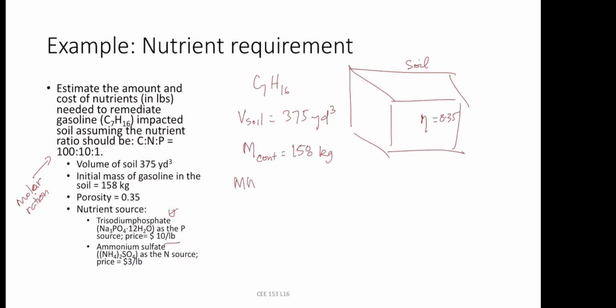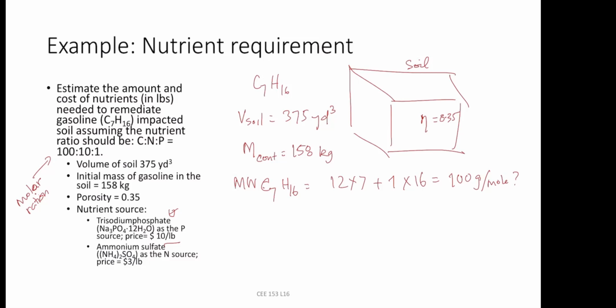The molecular weight of gasoline, C7H16, is carbon 12 times 7 plus hydrogen 1 times 16. You can calculate, in case I made a mistake. 12 times 7 plus 16, let's say 100 grams per mole. So that means if you have 100 grams of gasoline, that is 1 mole.